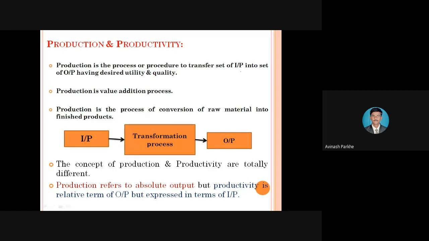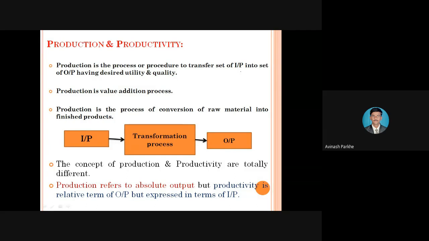And whatever product you get at the final stage should have some desired quality, or some desired utility. Desired quality means whatever output you are getting should have good quality. If the quality is not maintained while manufacturing, that product will not be accepted in the market. So we have to maintain the quality.